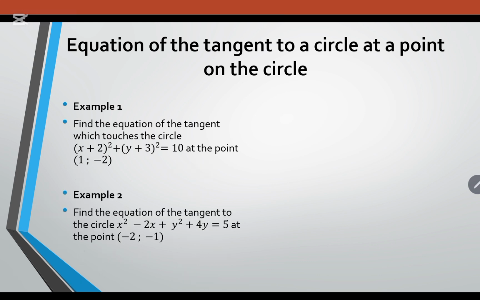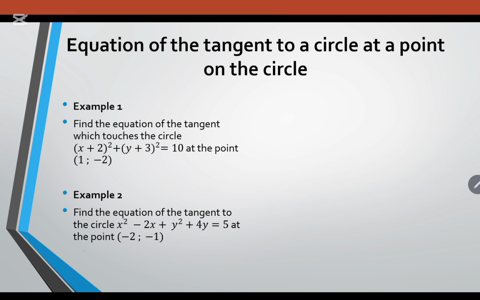You see, find the equation of the tangent to the circle. We are given a circle in that simplified standard form, and we are given the point of contact. So the first thing that we need to do is complete the square on this equation and find the coordinates of the center.